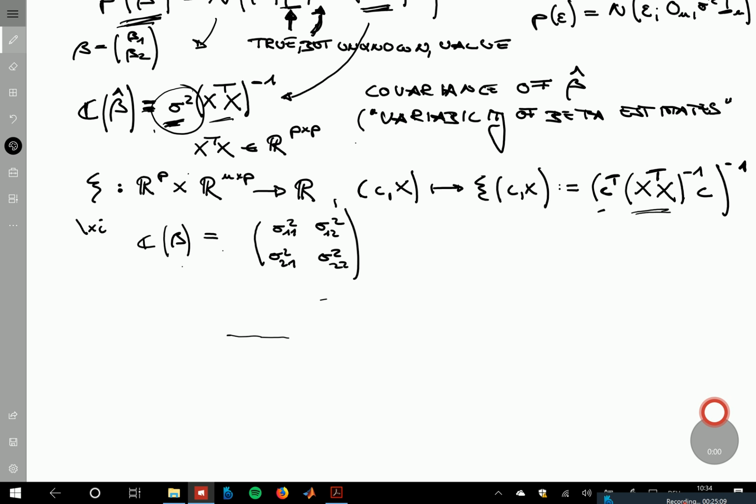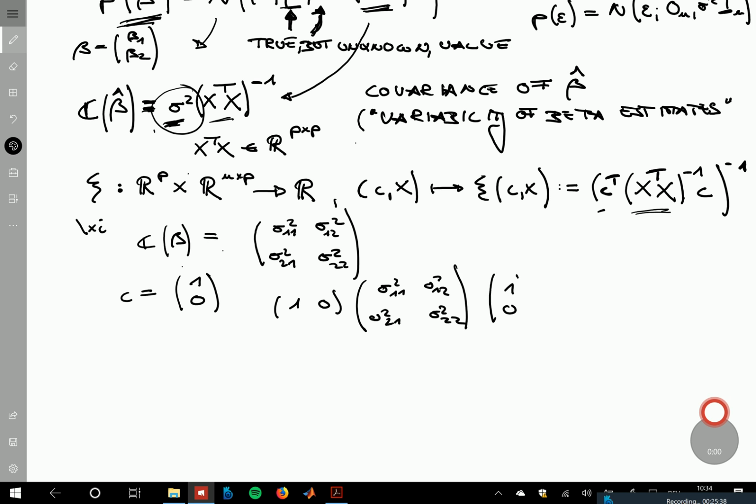And now we multiply with a contrast vector that we specify as 1, 0. Then with this contrast vector, what we get from the covariance matrix, not the design matrix, if you plug this contrast in, is of course sigma square 1 1 and sigma square 1 2.